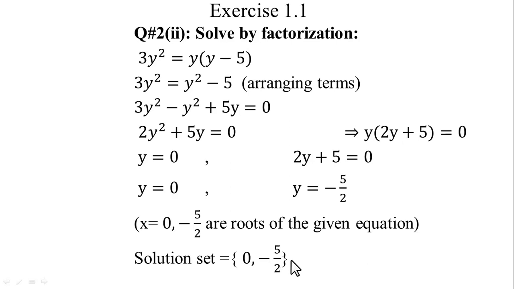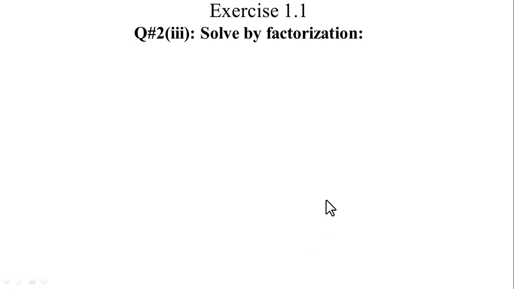Now today's last part, question number 2, part 3. In part 3, solve by the factorization method. The given statement is 4 minus 32x is equal to 17x square.